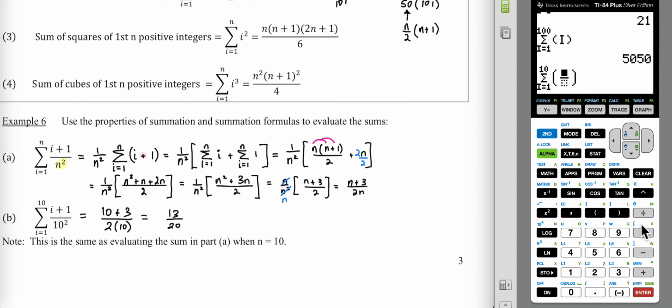Pop in i plus 1. So alpha, that x squared gives you the i plus 1. And then instead of writing 10 squared, I'm just going to write 100. And it gives me the 13 over 20. So I have the answer before really having to do too much work. But if the question asks you to evaluate, you got to do it the right way, or at least the way that the question suggests that you should do it.